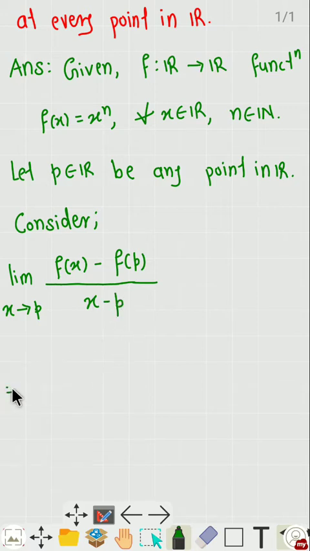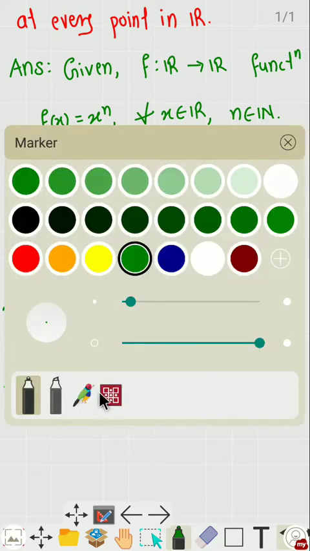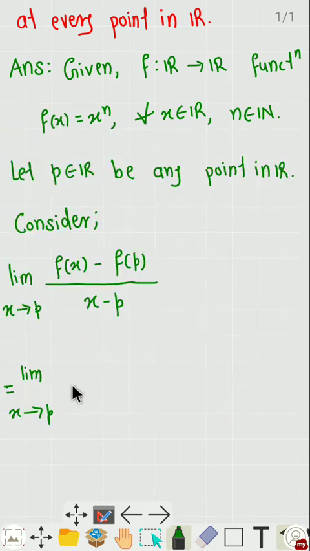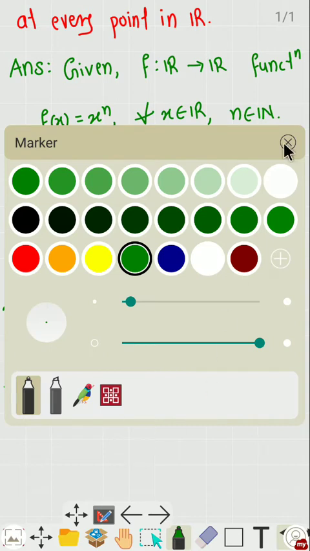The value of this limit is equal to limit x tends to p. We try to solve this limit.